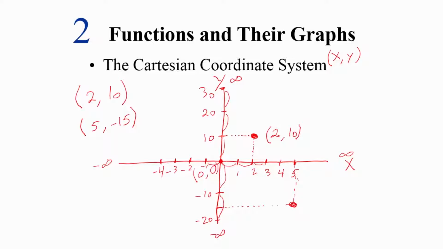So this point here is the point with the coordinates of 5 and minus 15. It's very important to understand the Cartesian coordinates, or two-dimensional plane, because you're going to use this to graph your functions.